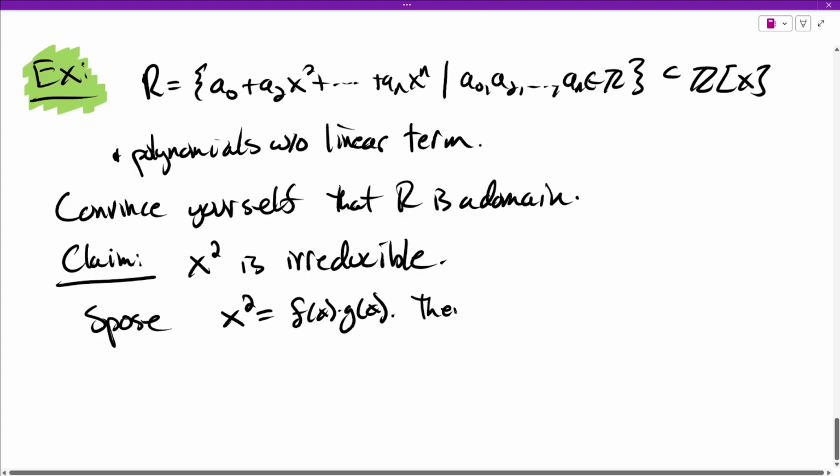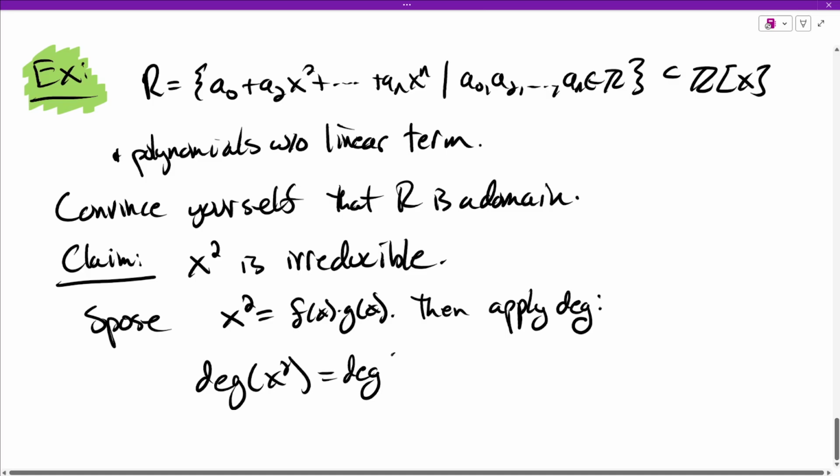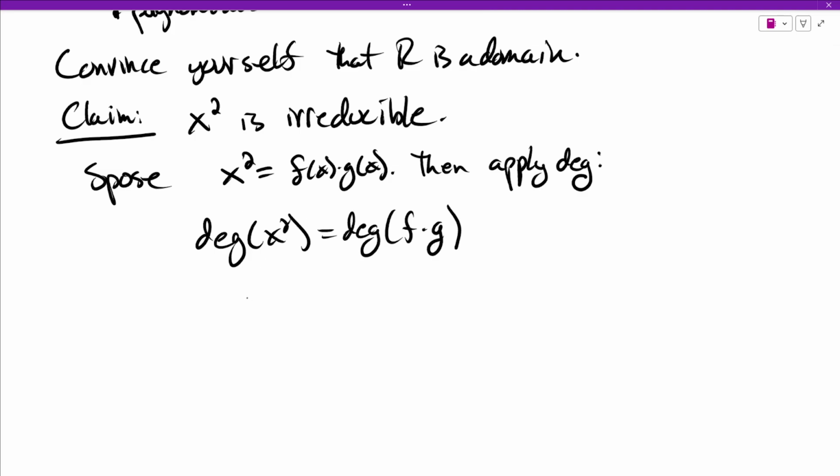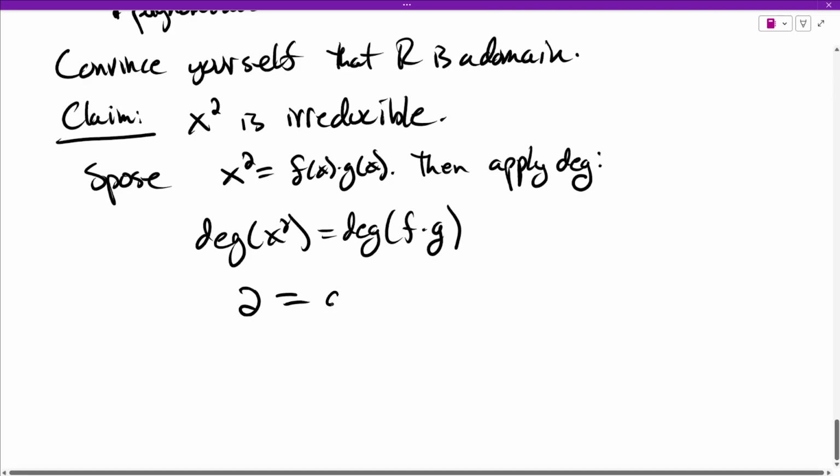Then we're going to apply the degree function. So we can take the degree of x squared, and we can take the degree of f times g. I'm going to drop the of x notation. The degree of x squared is certainly 2, and the degree is also additive. So it takes multiplication to addition.